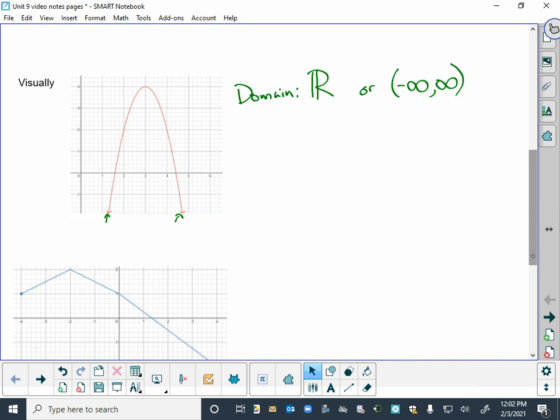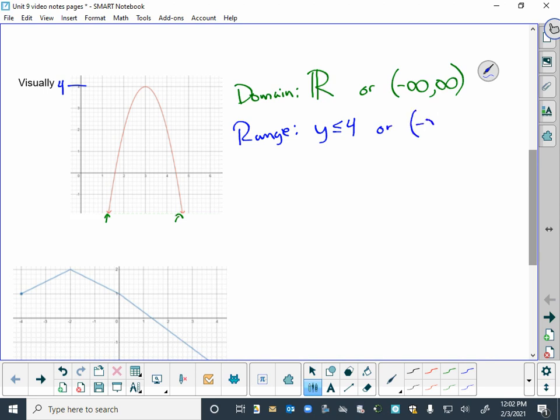Okay? The range on this one, we can see that it has a highest point. This is actually 4 up here marked on that axis, and so we can say that the only y values that we're going to get out of here, all our y's have to be less than or equal to 4. Okay? Or in the interval notation, that is all the numbers from negative infinity up to 4 and including 4.